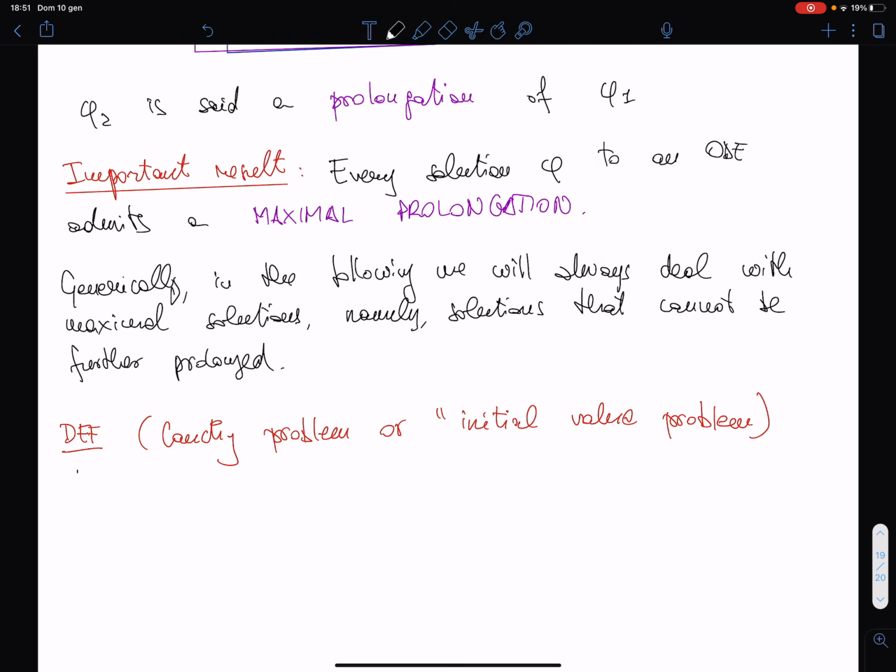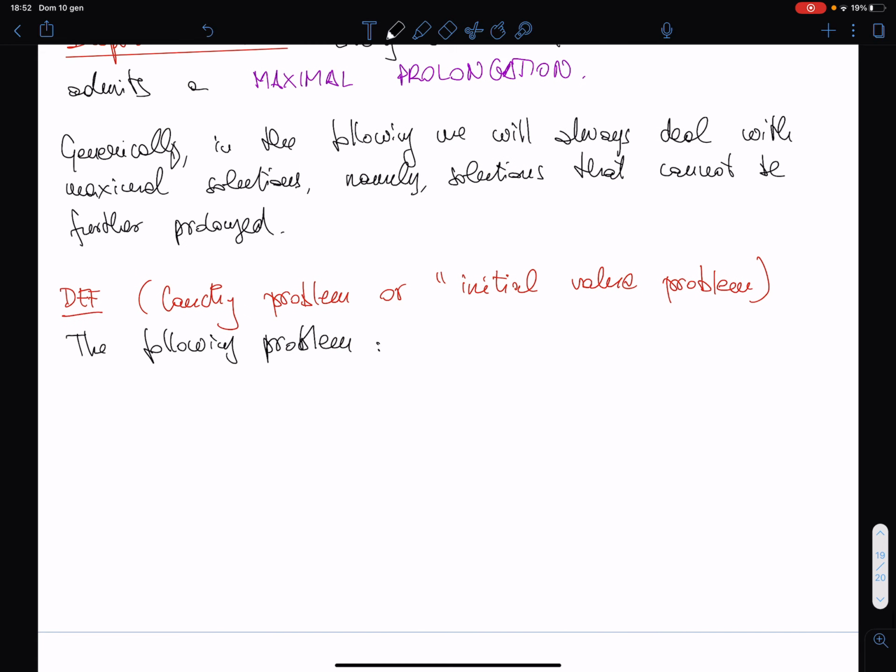So, the following problem made of an nth order differential equation in normal form.